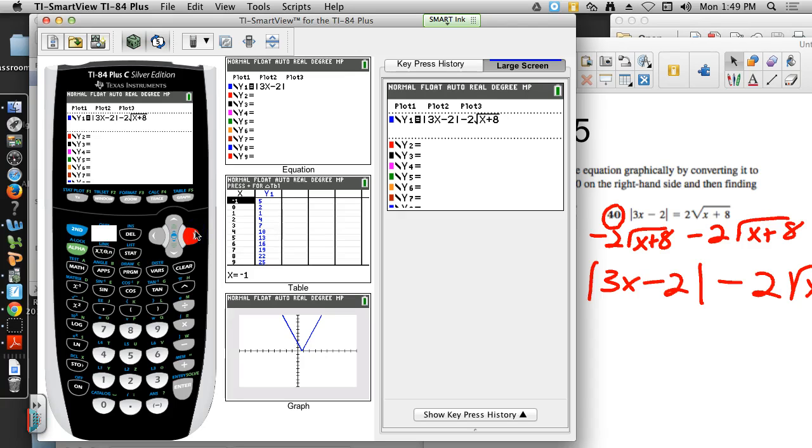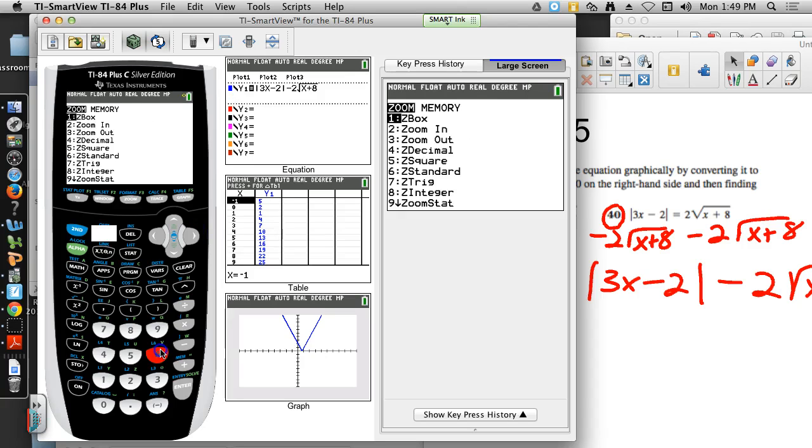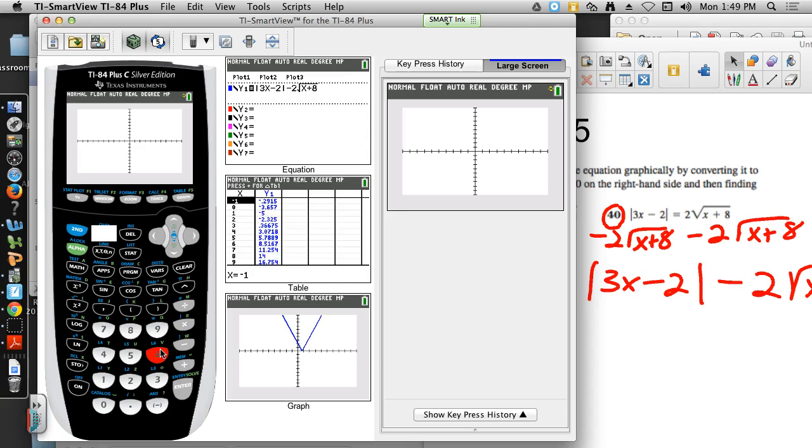All right, there we go. So I'm going to do zoom 6 and hope for the best. And I see very clearly that there are 2 x-intercepts. So it is second trace, number 2 the 0, and let's get Blinky into position above the x-axis and press enter.